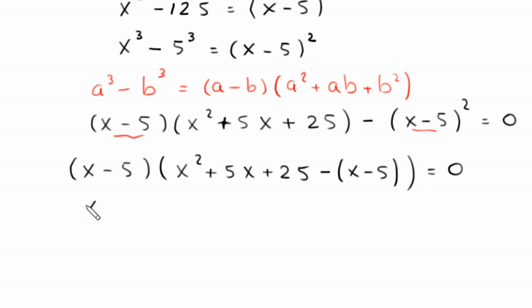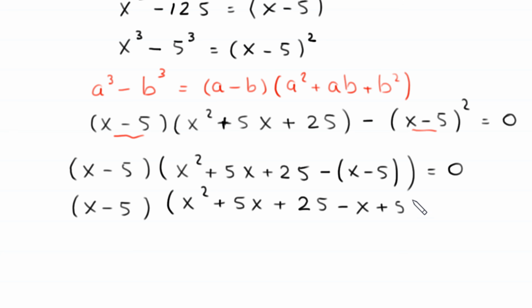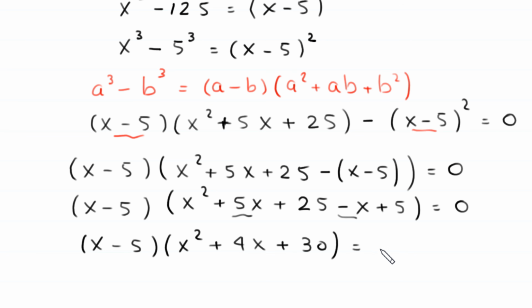Further simplify, this will become x minus 5 times x squared plus 5 times x plus 25, negative times x, negative times negative 5, plus 5 equal to 0. Further simplify, this will become x minus 5 times x squared. 5x minus x will become plus 4 times x, and 25 plus 5 will become plus 30 equal to 0.